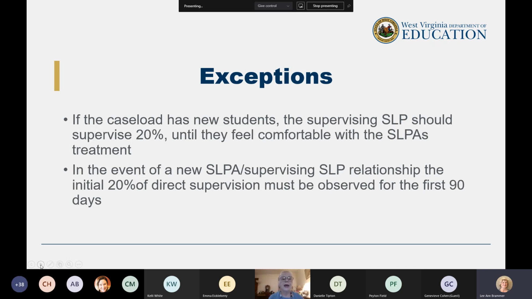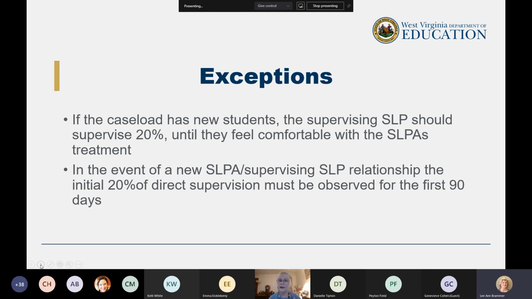So if the caseload has new students, let's say the caseload has changed, then the supervising SLP should supervise 20% until they feel comfortable with the SLPA's treatment of those new students. Now, let's say these are new students, but it's the same problem. They have 3 more R students added.